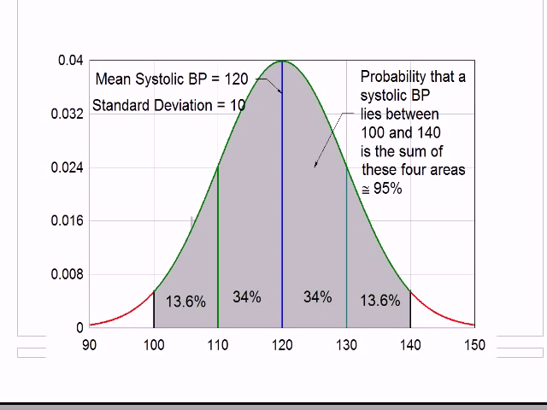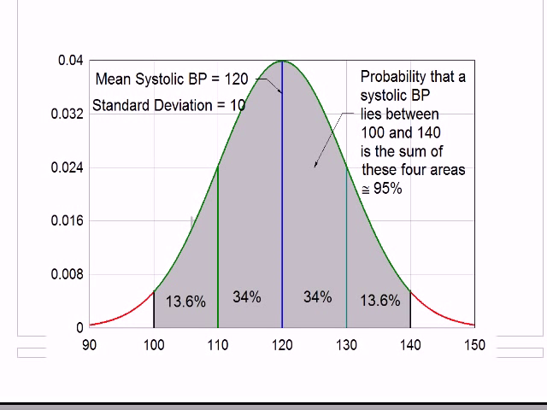So you can see how to use these known areas under the curve to compute the probability between different values of standard deviation away from the mean.